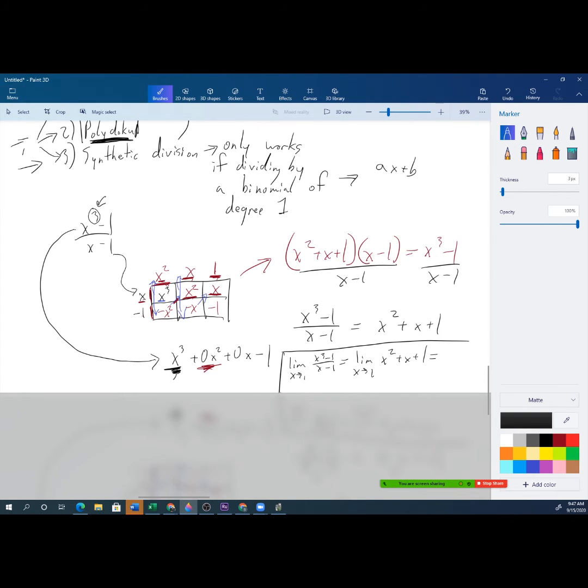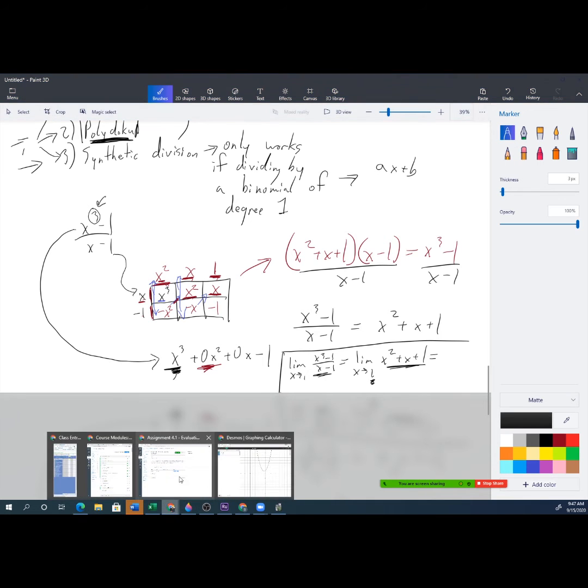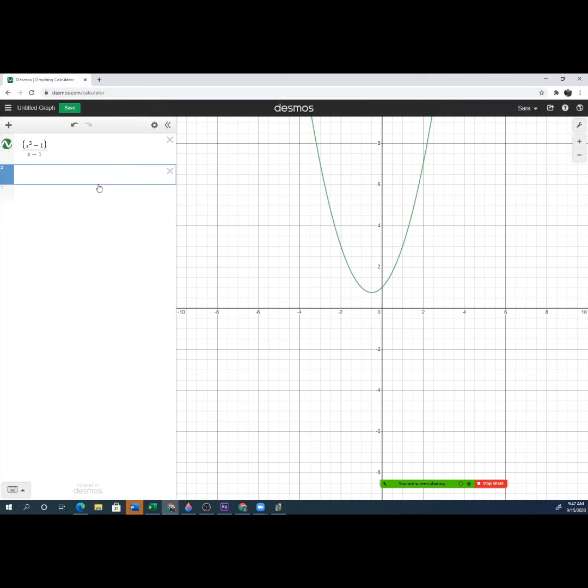Okay, now we have a function we can plug this into, because remember, these two functions, they equal all of the exact same things. If I type in x squared plus x plus 1, they are in fact the exact same function, with the only difference being this function fills in the hole.